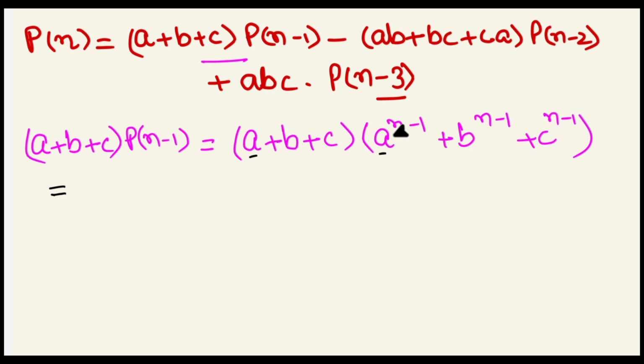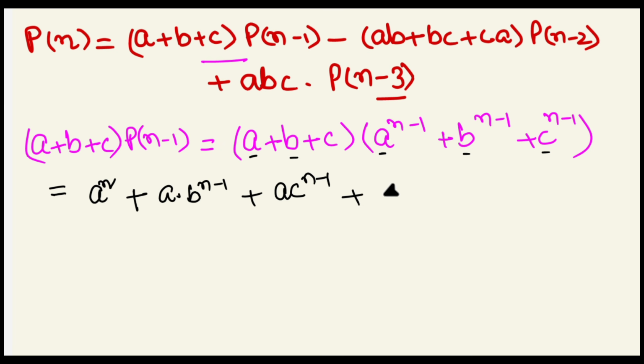This a multiplied with a to the power n minus 1 will become a to the power n, plus this b multiplied with a to the power n minus 1 will become b a to the power n minus 1, plus b multiplied with b to the power n minus 1 will become b to the power n, plus b multiplied with c to the power n minus 1, b c to the power n minus 1.